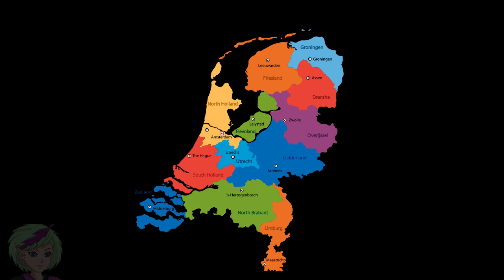The Netherlands has been divided into provinces, and on this map you see them all. And you can already see that if North Holland and South Holland were one province, they would actually be the biggest province of the entire Netherlands.